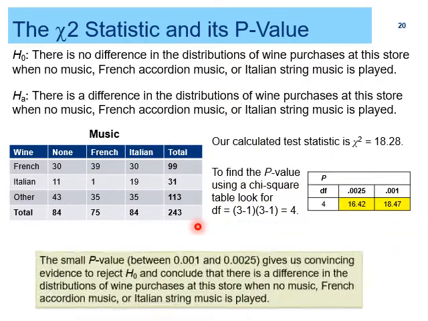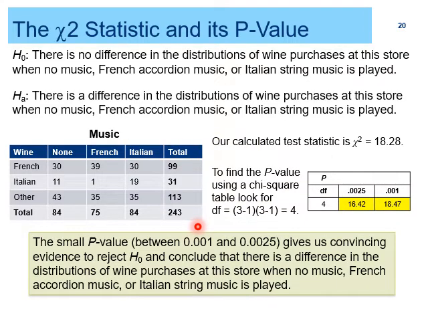This small p-value, between 0.0001 and 0.0025, gives us convincing evidence to reject the null hypothesis and conclude that there is a difference in the distribution of wine purchases at this store when no music, French accordion music or Italian string music is played.